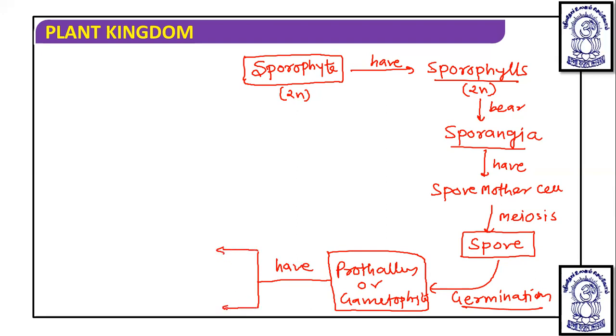The male sex organ is known as antheridium, and this antheridium is haploid, as the prothallus is also haploid because it develops from the spore, which is haploid. Now the other one is the archegonium, which is also haploid and is the female sex organ.